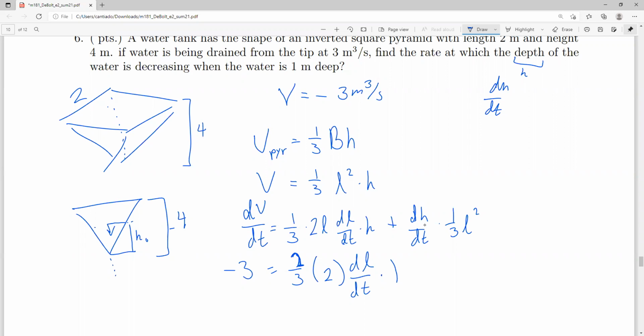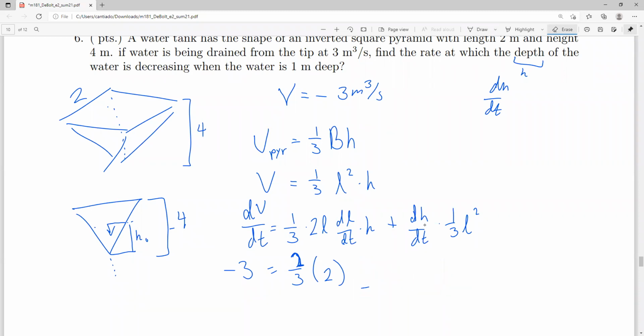Yeah, the initial is 1, plus dH/dt is what we're trying to solve. Then 1/3. Oh, I see the mistake I'm making here. There's an issue with what I'm doing. We're going to need to go back a bit.